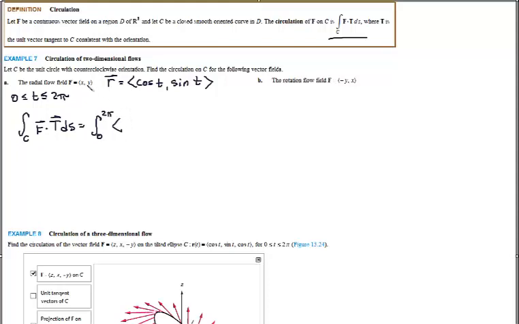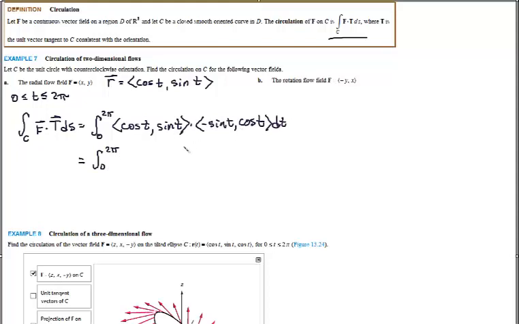Our F vector is just x y, so this is going to be cosine t, sine t dot product with, I need the derivative of my r vector, so I'm going to get negative sine t and then cosine t dt. Computing this integral, you should get the integral of 0 to 2 pi.